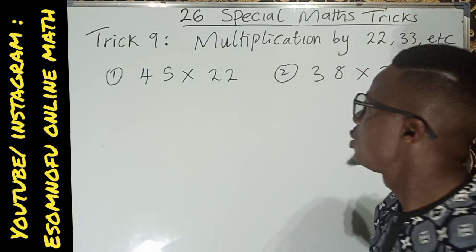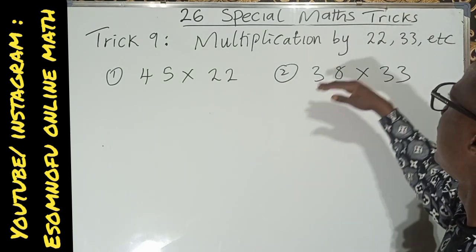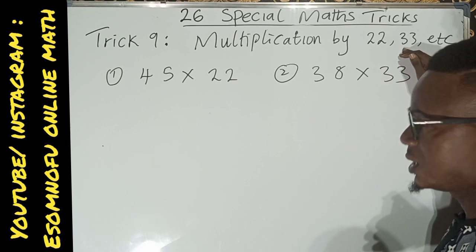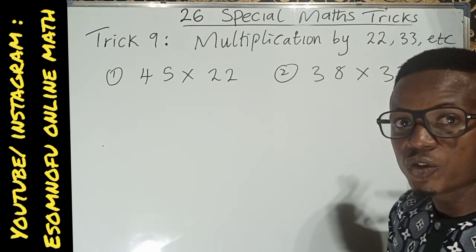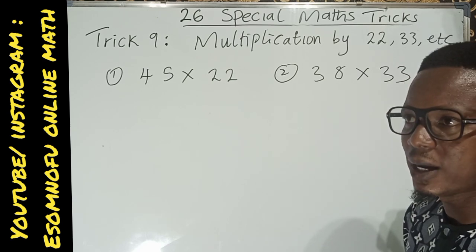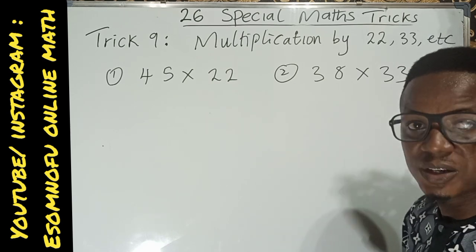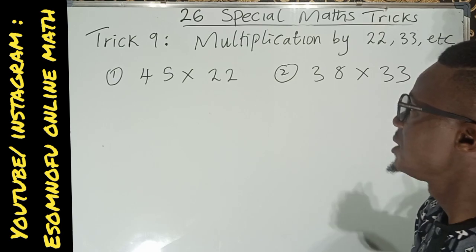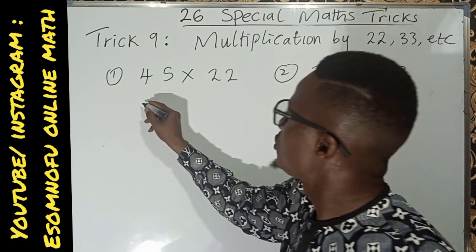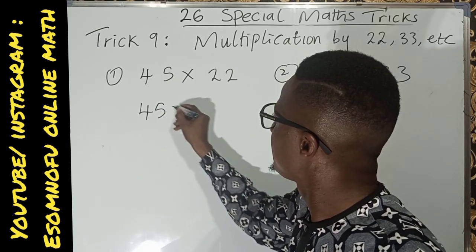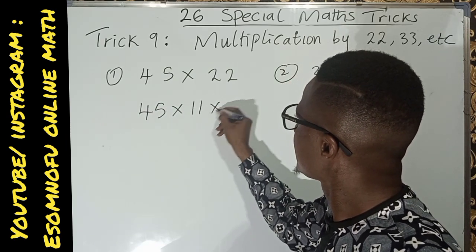This time around, we want to multiply numbers by 22, 33, 44, 55. Any number that goes in this pattern is very simple to multiply, provided it has 2 digits that are the same. That is trick number 9. Now 45 times 22, we can call it 45 times 11 times 2.